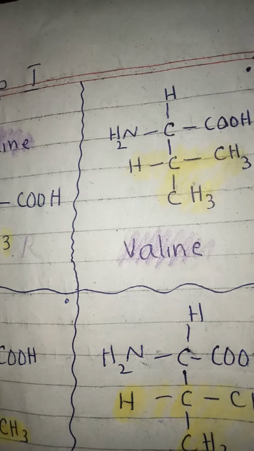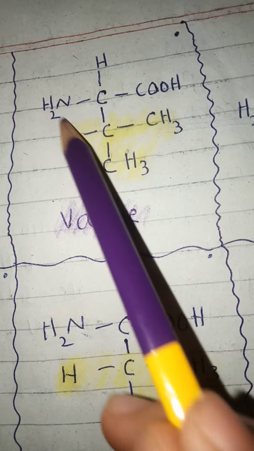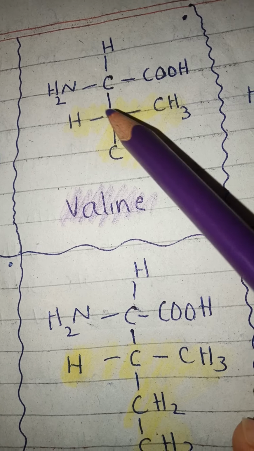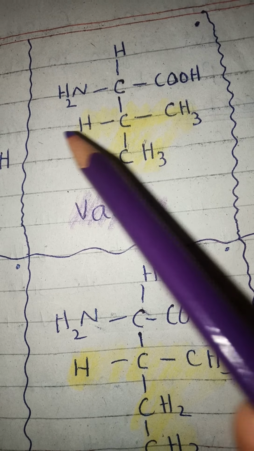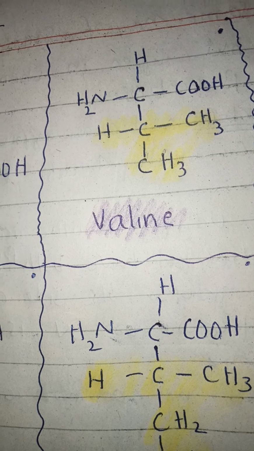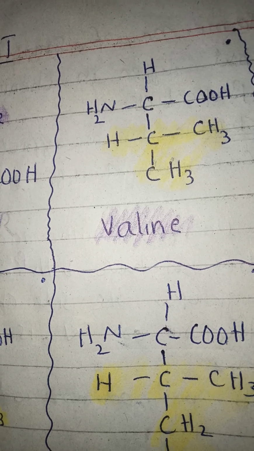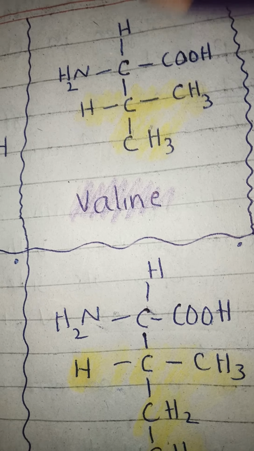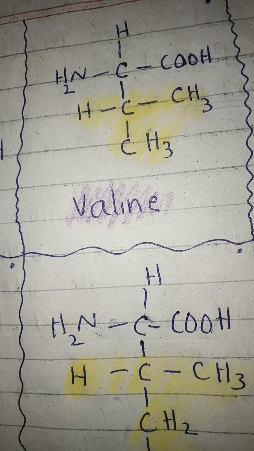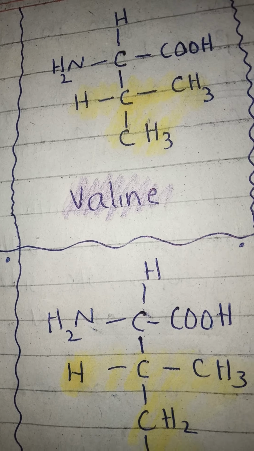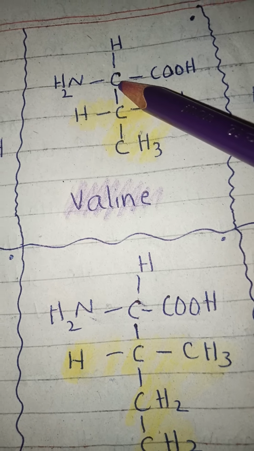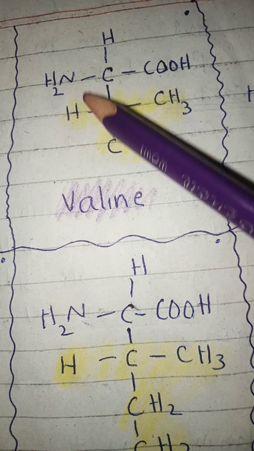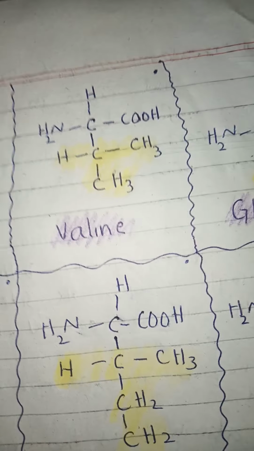In valine, this is the basic structure and this is the R group. The carbon atom is attached to two methyl groups and one hydrogen. The simplest way I can tell you to remember the structure of an amino acid is that you should know the valencies, or how many bonds one atom can form. Carbon can form 4 bonds and nitrogen can form 3 bonds.